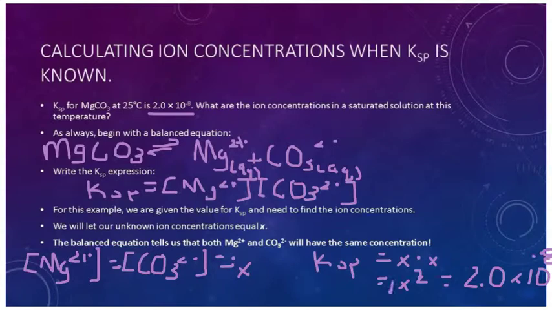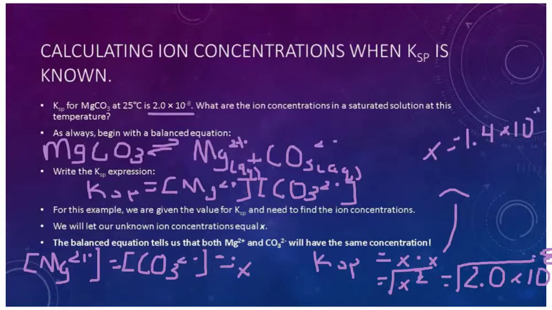To find what just X is, we have to square root it. So we end up with X equal to 1.4 times 10 to the negative 4. And that X is going to be the concentration of your magnesium and the concentration of your CO3.